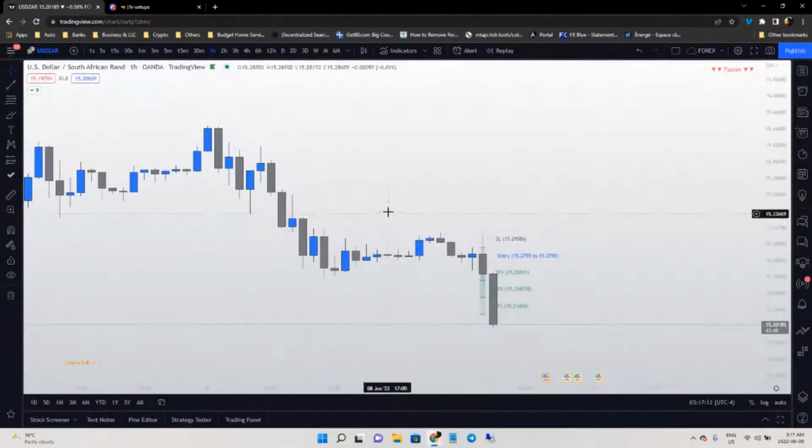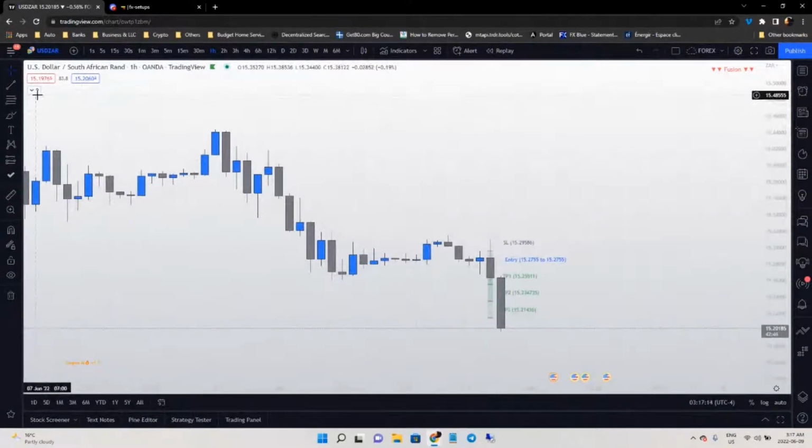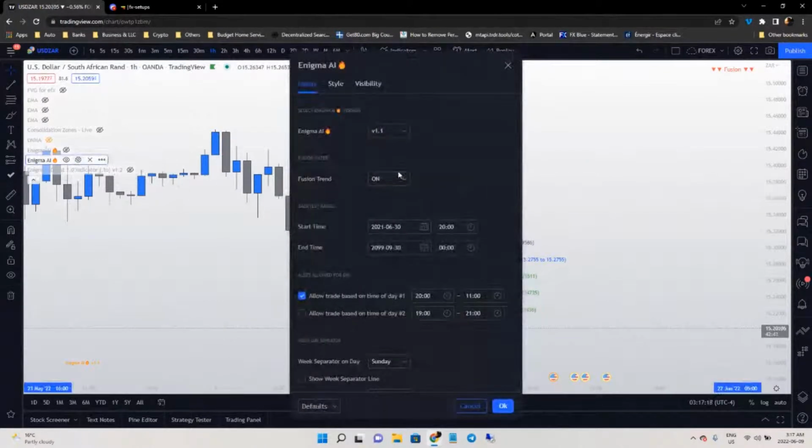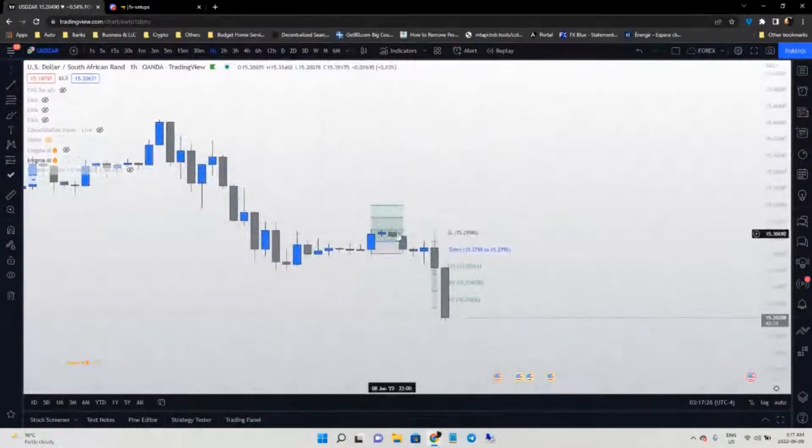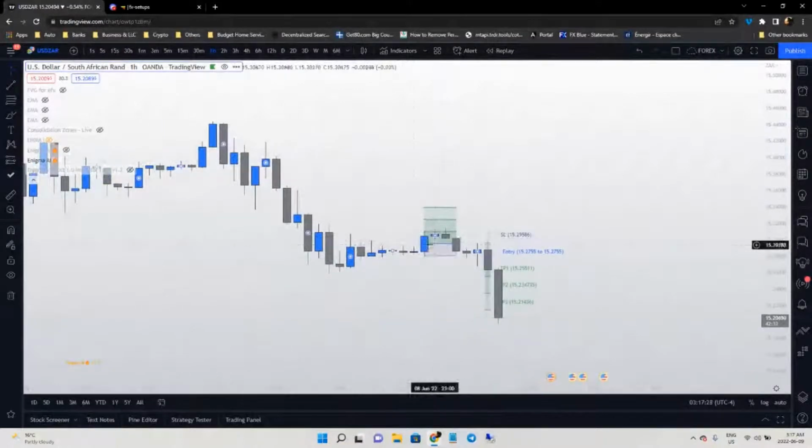Based on Fusion, Fusion was still going down here, so I'm just going to remove Fusion so you could see the setup. The reason why you didn't see the setup here is because with Fusion, the overall tendency of the USD ZAR was a downward setup.